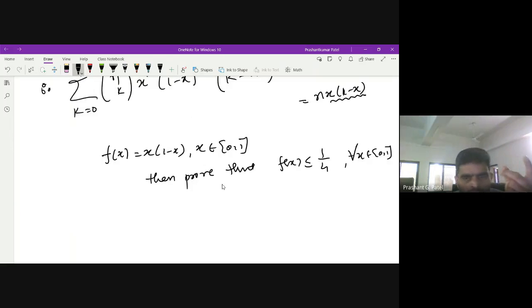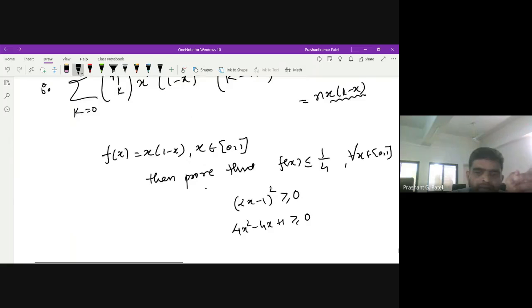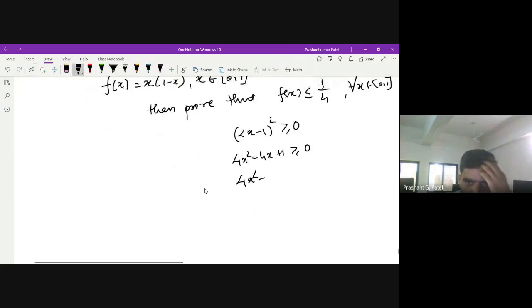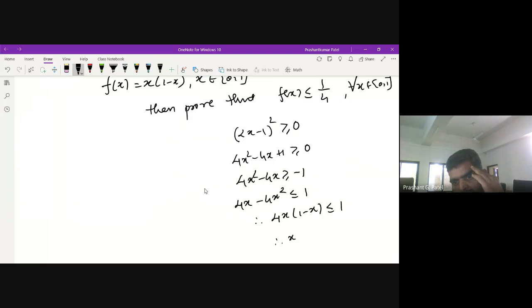But here I'm giving you one of the shortest proofs. (2x minus 1) whole square, we know, is always greater than or equal to 0. So 4x square minus 4x plus 1 is greater than or equal to 0. Hence we can say that 4x square minus 4x is greater than or equal to minus 1. So it will give you 4x minus 4x square is less than or equal to 1. Taking 4x common, 4x(1 minus x) is less than or equal to 1, and x into (1 minus x) is less than or equal to 1 by 4, which I had told you to prove.